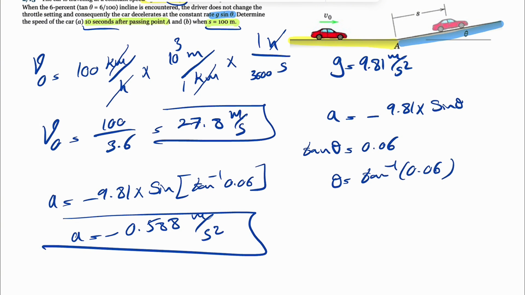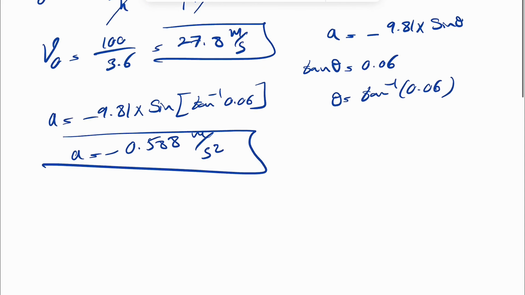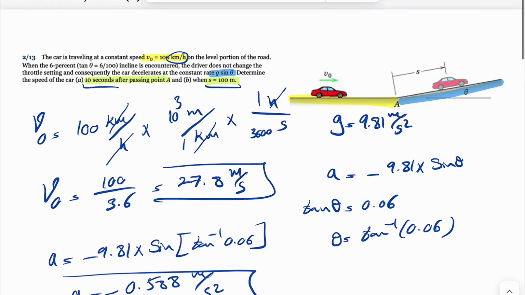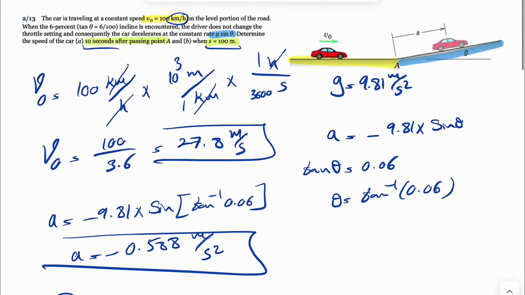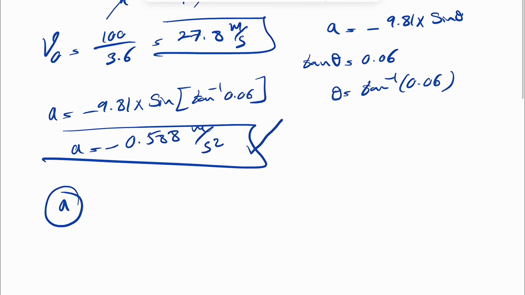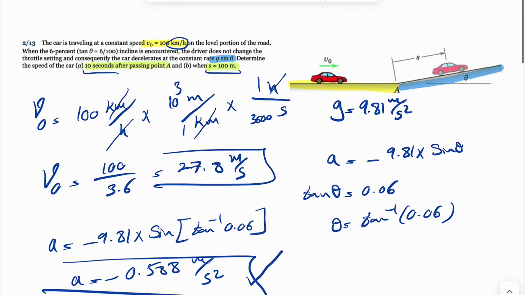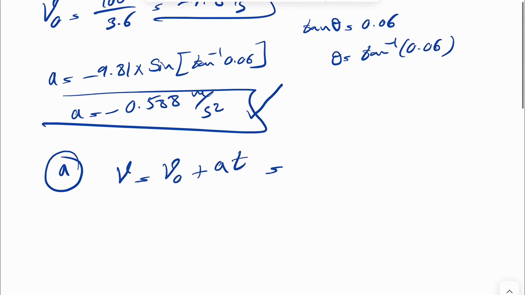So that's our acceleration. For part A, we have 10 seconds, and we're going with the constant acceleration, which is the value that we found here. So we can use the formulas for that. The velocity at our ending point would be initial velocity plus a t, acceleration times time. The question is asking us after 10 seconds, so t is 10 seconds.